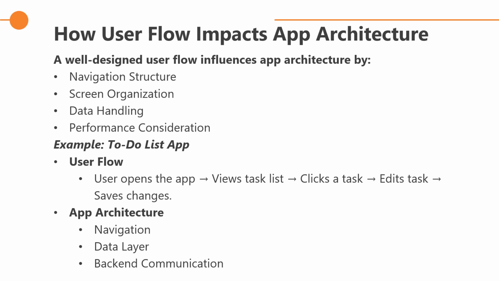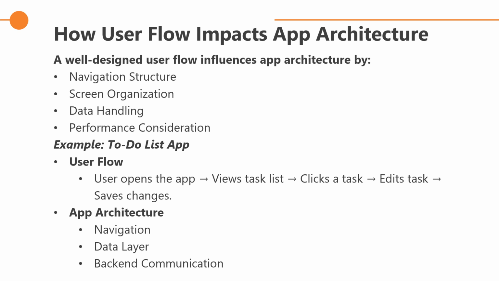It also is going to help with data handling. If a user flow requires real-time data updates, then the app architecture must include efficient back-end communication, like to different databases or maybe making API calls. And then it's also going to help with performance considerations.